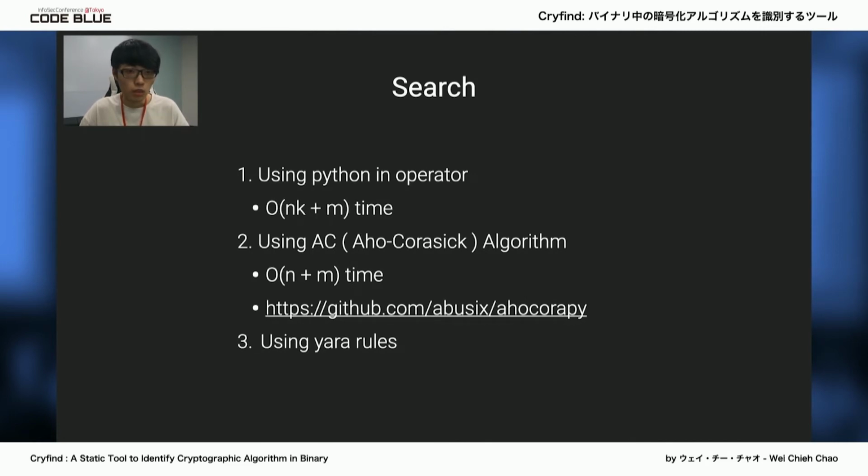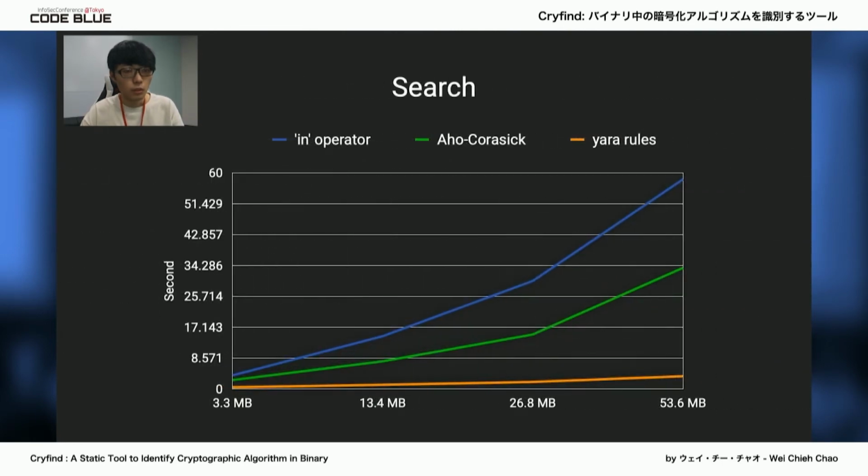Finally, we considered using the YARA rule engine to do the searching for us. After some experiments with various sample sizes, YARA rules had the best performance among all. Therefore, we chose the YARA rule engine as our main strategy to search for constants in a binary.